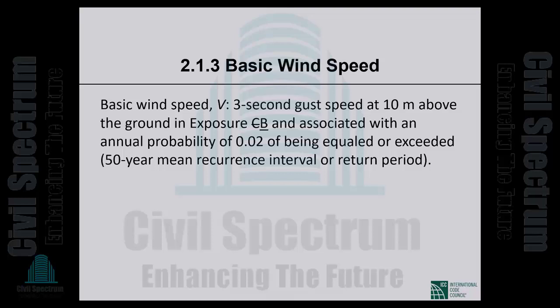That won't be 3-second gust speed. Meteorological organizations, here it is NOAA, Bangladesh, I don't know what the agency is called, will take an average over 3 seconds, then the next 3 seconds, then the next 3 seconds. And the highest value of these 3-second averages over a period of 1 year will be the 3-second gust speed.